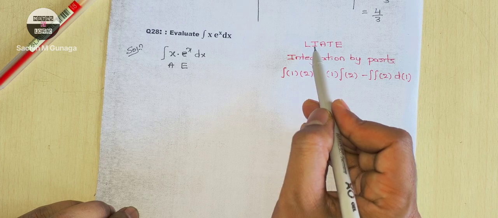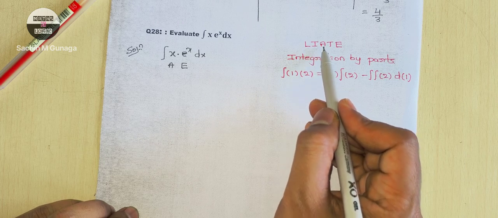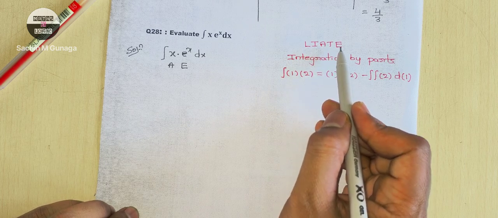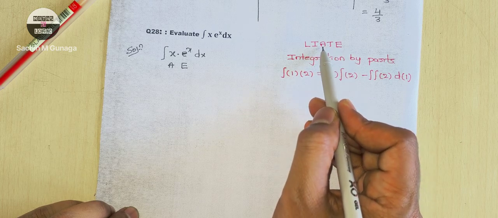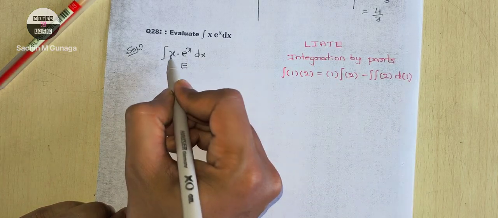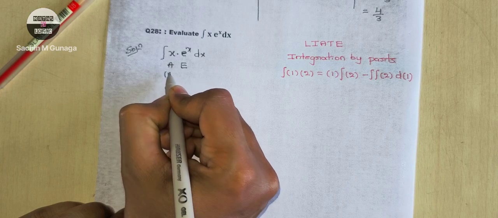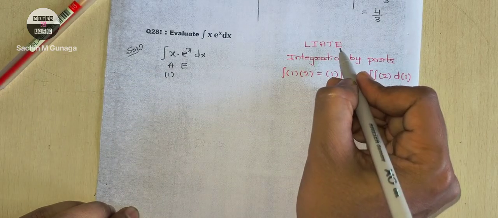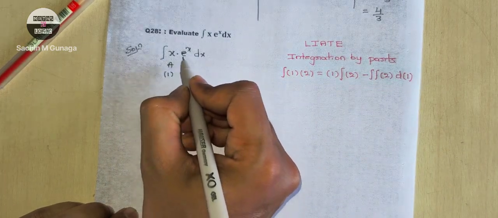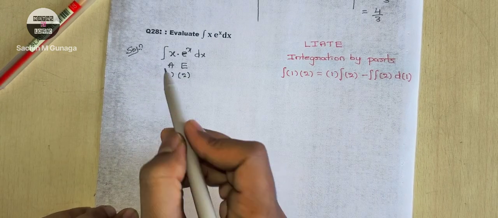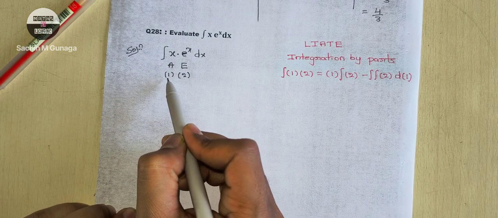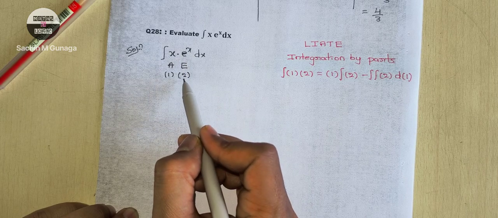Here a total of 5 functions come: first is logarithmic, next inverse, algebraic, trigonometric and exponential. According to this rule, algebraic comes first, that's why x becomes the first function. After that exponential comes, so e power x becomes the second function.